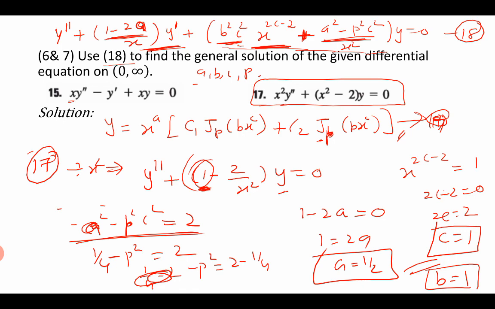You can find p: 8 minus 1, 9 over 3. 9 over 3 is 1 minus p is 1 by 4. 9 minus 9 over 4. 9 over 4. Therefore, we get negative p square is equal to 9 over 4.